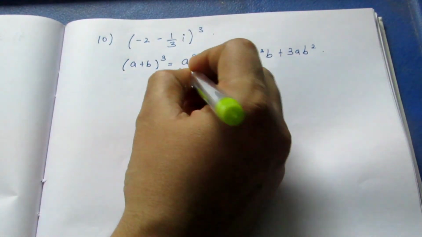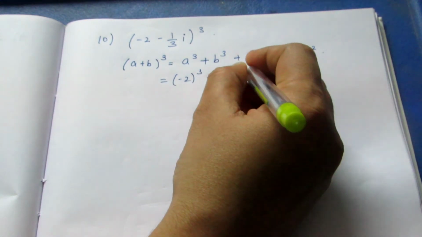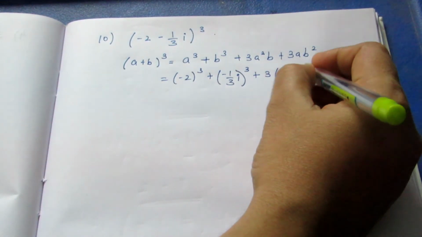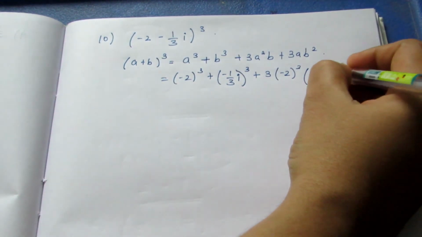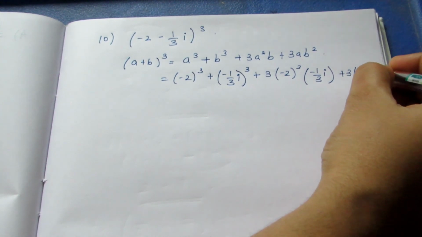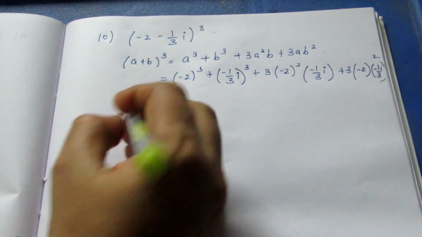Here it becomes (minus 2) the whole cube plus (minus 1/3 i) the whole cube plus 3 into (minus 2) the whole square into, for b, minus 1/3 i, plus 3 into minus 2 into (minus 1/3 i) the whole square. Now solve it.